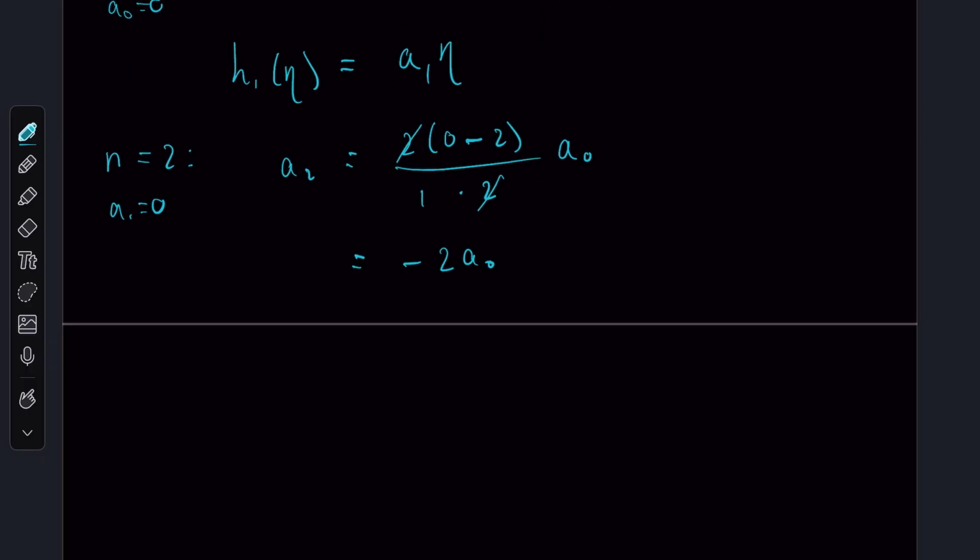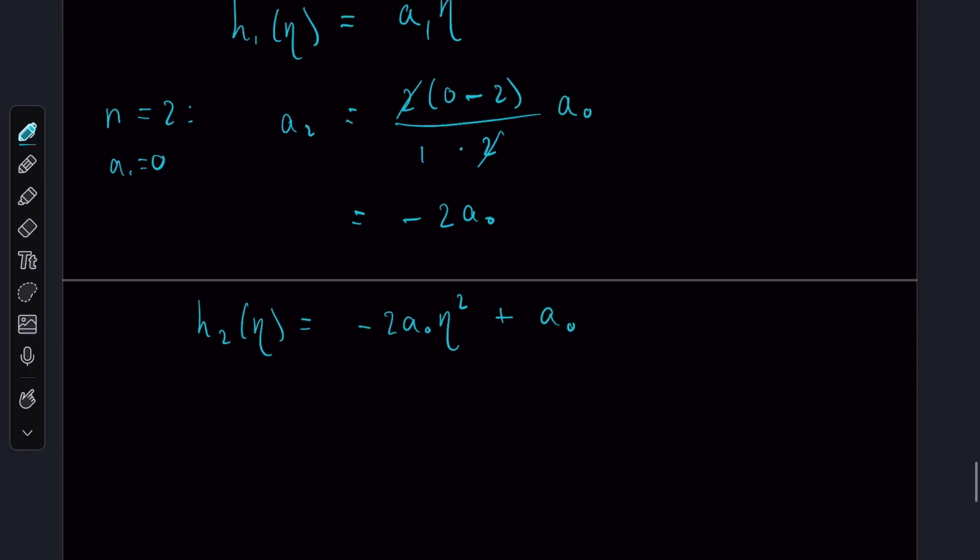So for our second energy level, we have negative 2 a sub 0 eta squared plus a sub 0, which is this 0th coefficient, times 1 minus 2 times eta squared.